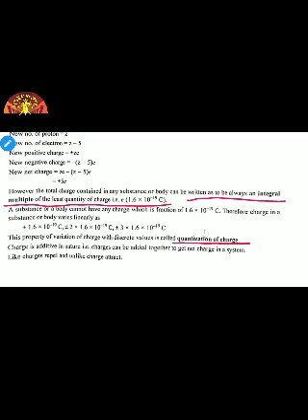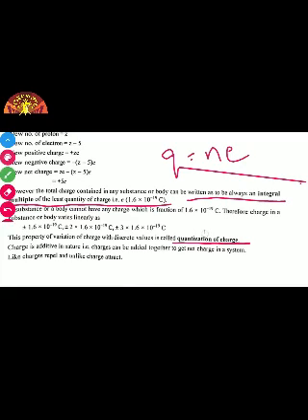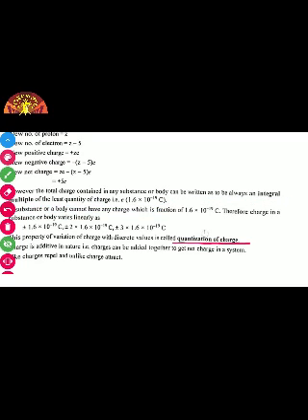So generally we write Q equals to n e. This is the quantization of charge, in symbolized form: Q equals to n e. It simply means that the total charge on any body should be an integral multiple of the smallest charge, that is the charge of an electron, the smallest charge which we can measure.